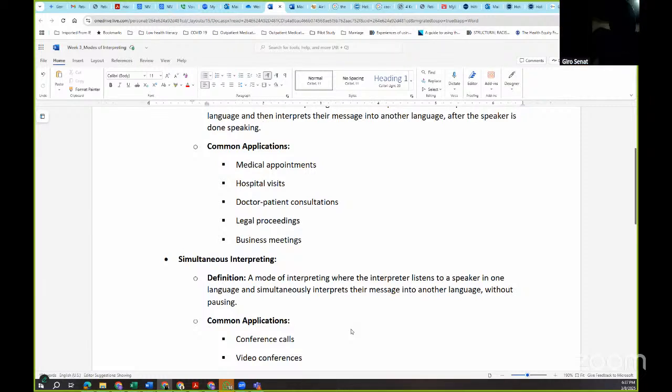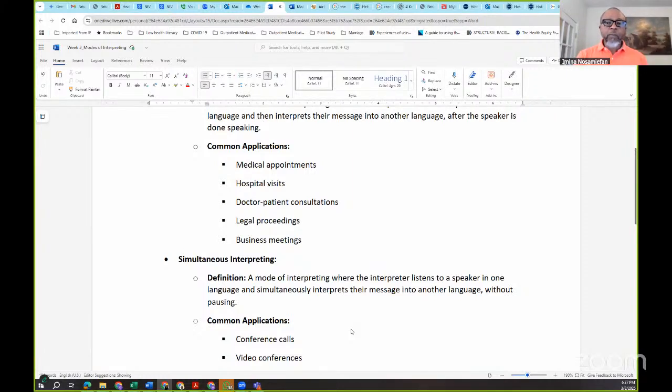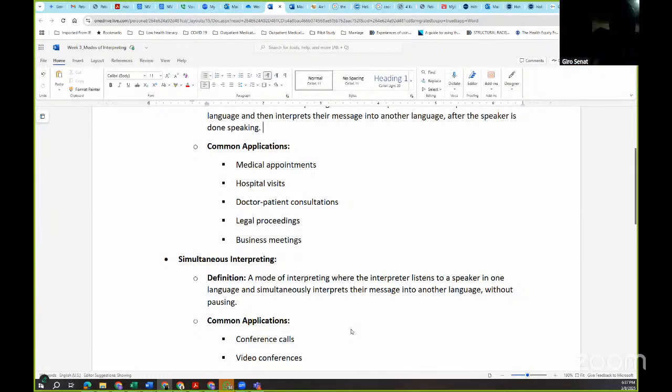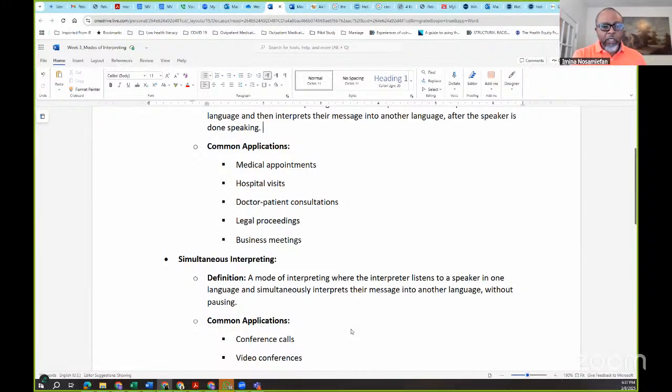So what you do is use equipment whereby there's somebody in a booth simultaneously interpreting into Spanish, somebody Portuguese, somebody French. So that is simultaneous interpreting. As the speaker is speaking, they are interpreting. Okay.